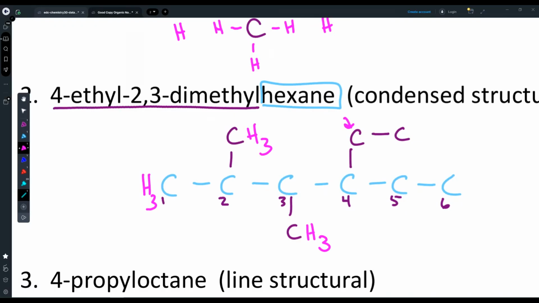This carbon here already has 2 bonds to it, so it only needs 2 hydrogens.